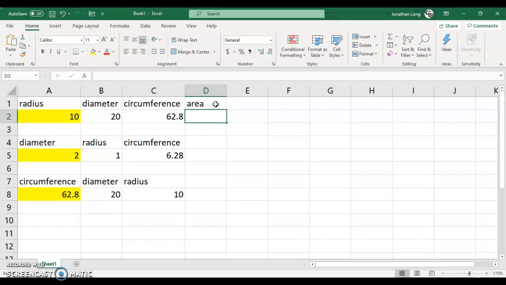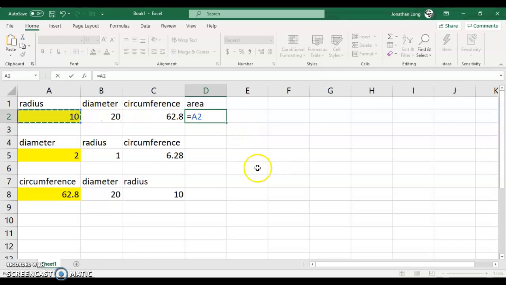So let's get our formula in. Equals, remember it's radius, I'm sorry, let's go back. Pi, 3.14 times the radius to the second power. Now there's two ways you can do this. You can raise this to the second power, or you can just times it by itself.